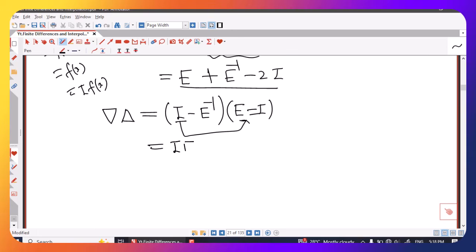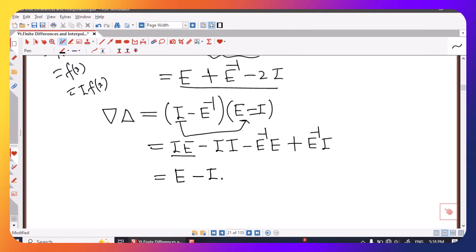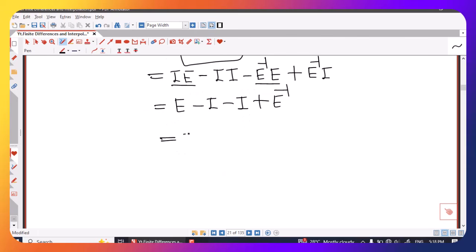I times e minus I times I minus e inverse multiplied with e plus e inverse multiplied with I. I into e is e, I into I is I, e inverse times e is e raised to 0, which is again the identity operator, plus e inverse. And if we rewrite this, we obtain e plus e inverse minus 2 times I.